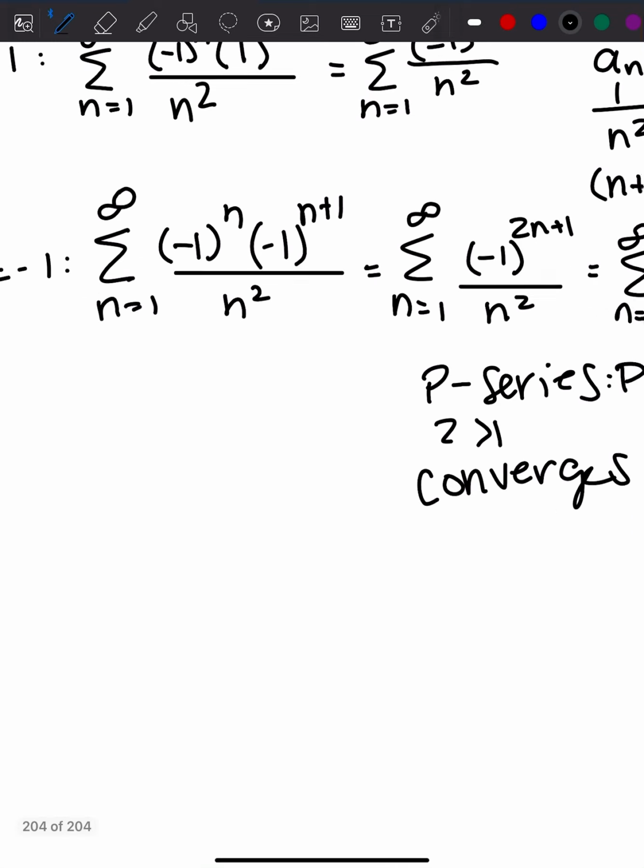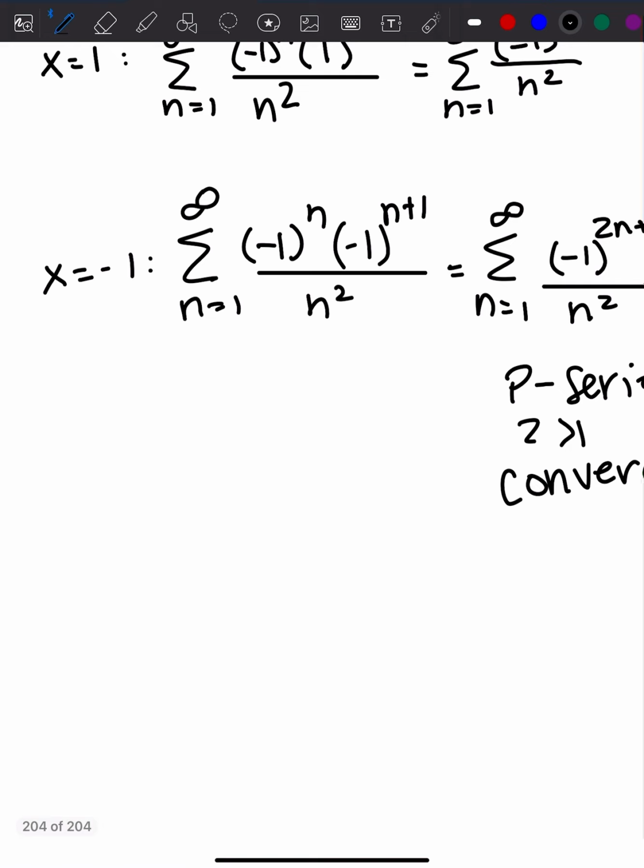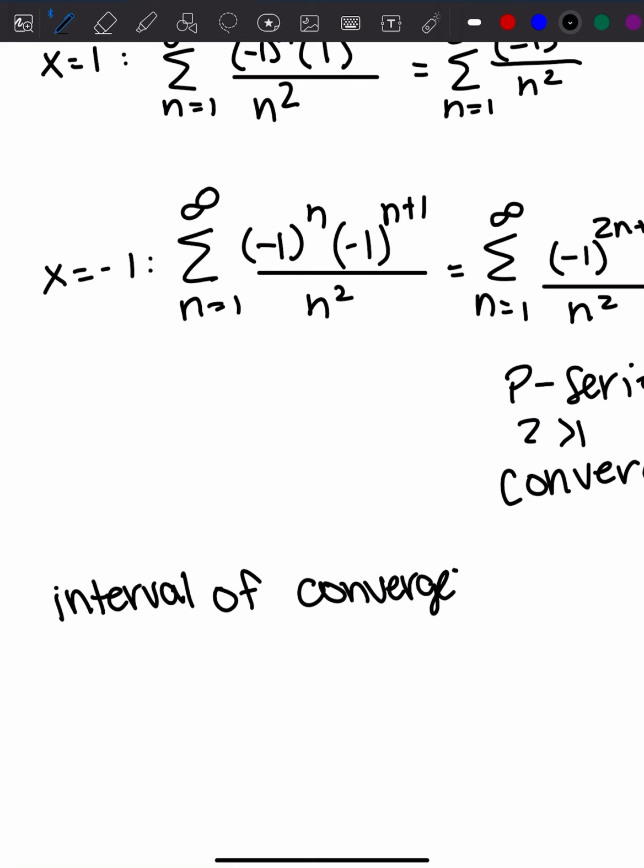So what we know is our interval of convergence is from negative 1 to 1. We know that because we found our radius of 1 and its center at 0.